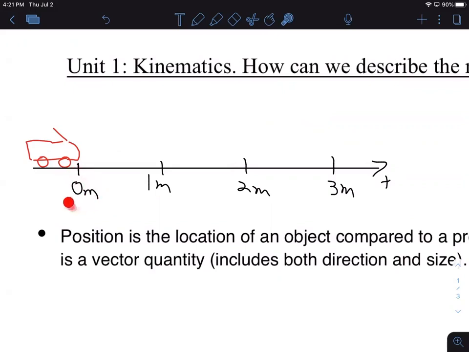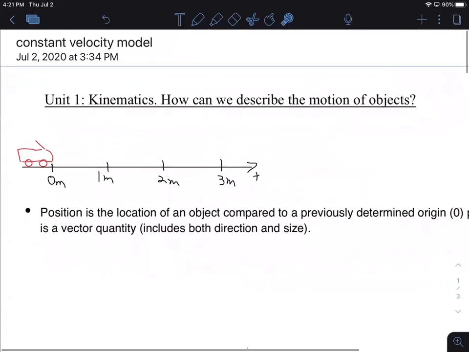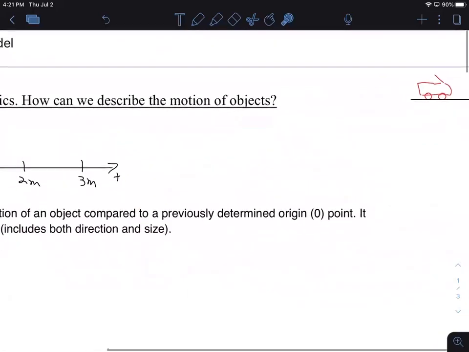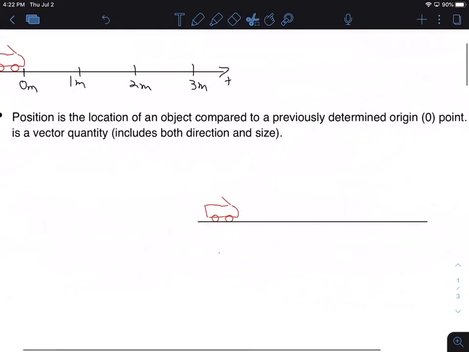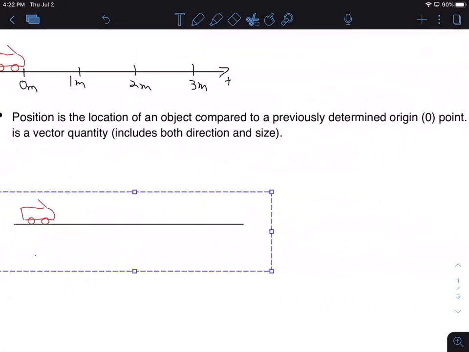This origin point I chose was completely arbitrary. I could have made the zero position somewhere over here. Let's see what that would look like. Let's grab this extra copy and bring it over.